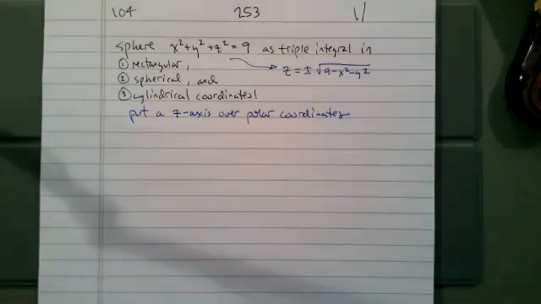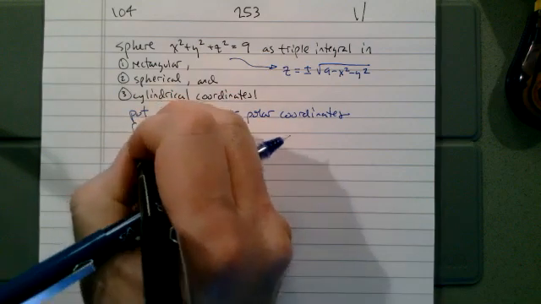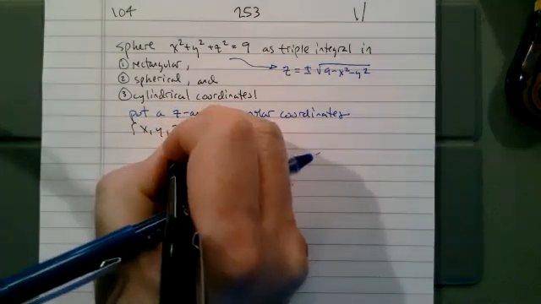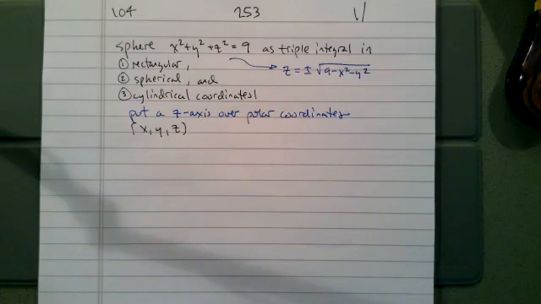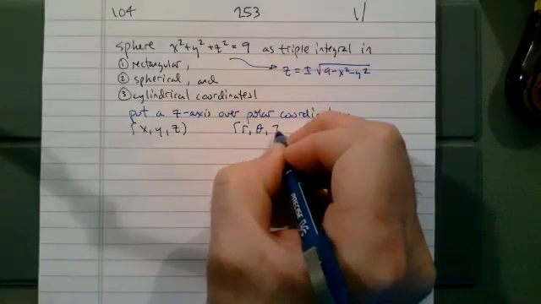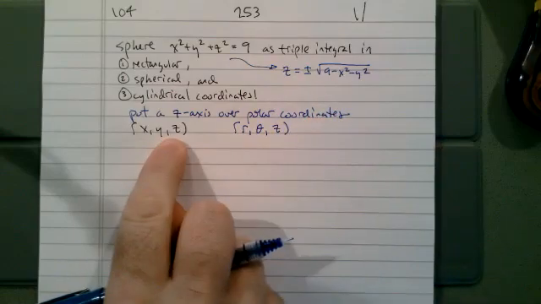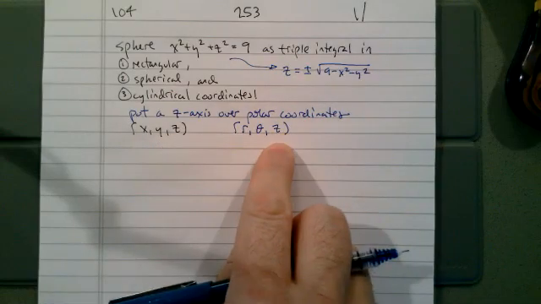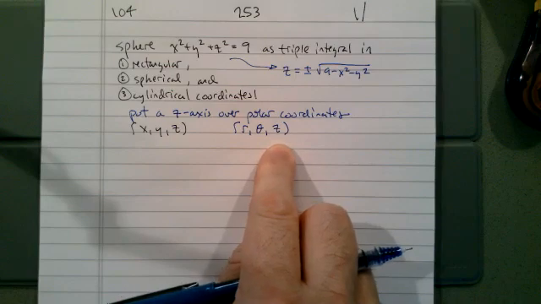We're just putting a z-axis over polar coordinates. Rectangular coordinates are x, y, and z. Polar coordinates are r, theta, and the same z. The z in rectangular coordinates is the same z in polar coordinates.